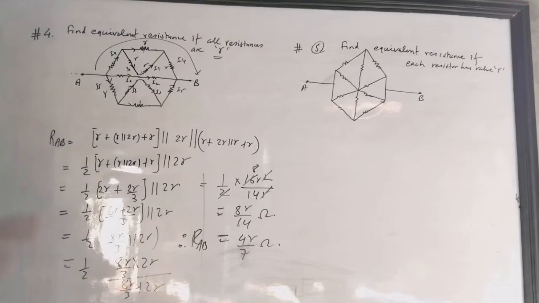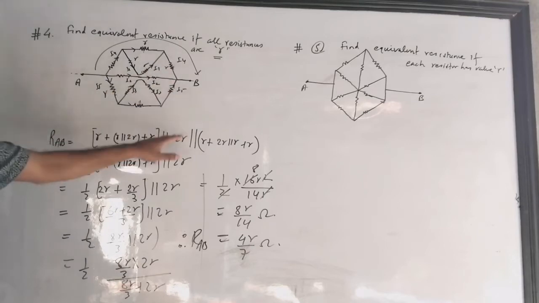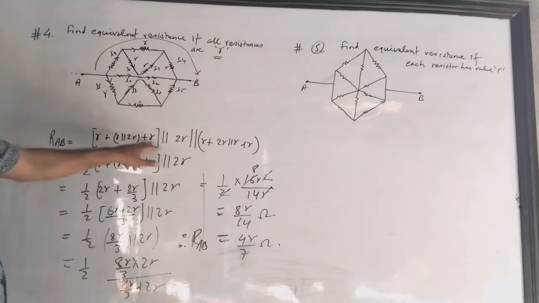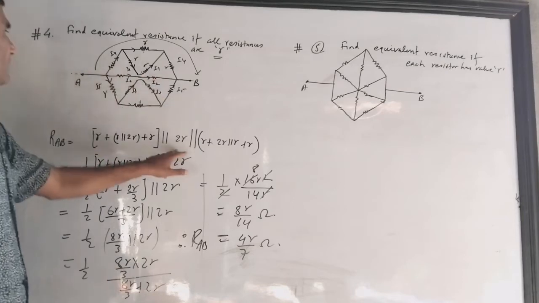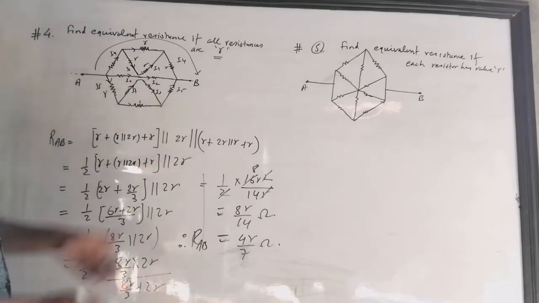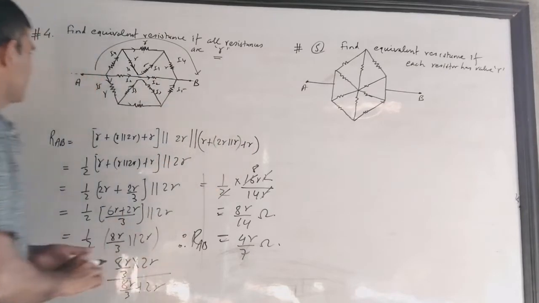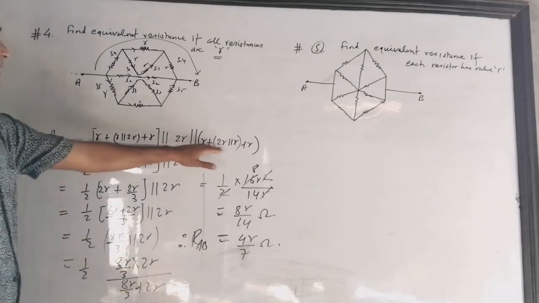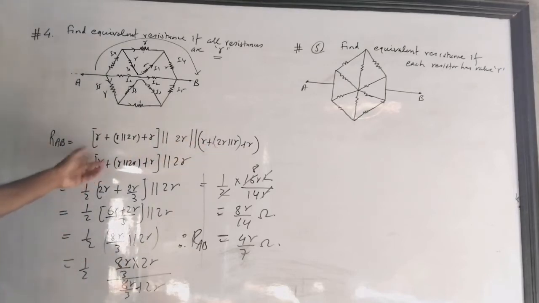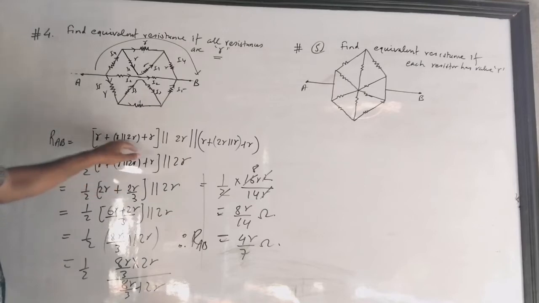This is the condition given, but still I can check once. So R parallel to R, R parallel to R, plus R. Okay, plus R, and so there is nothing. Then in the middle is 2R, and this is the same, and so there is no problem. That's the same. And now these two in parallel, and we can just make half, and so R plus, okay, no problem, R plus 2R.